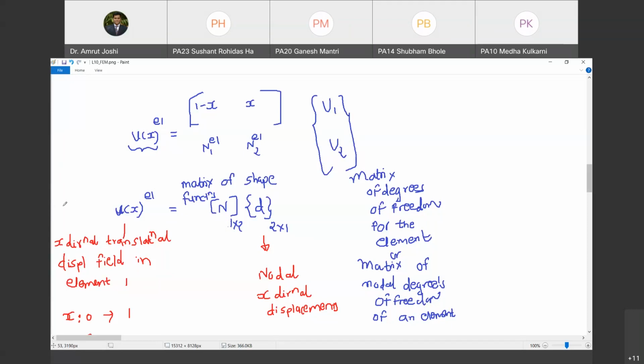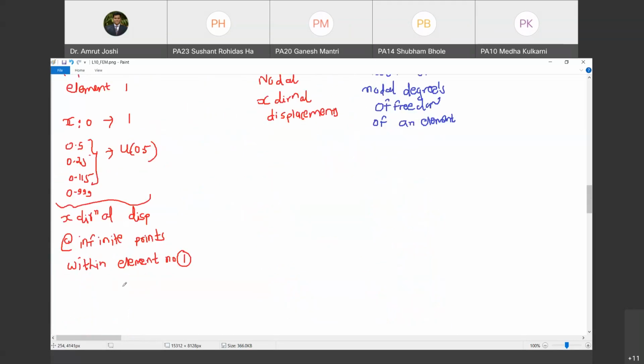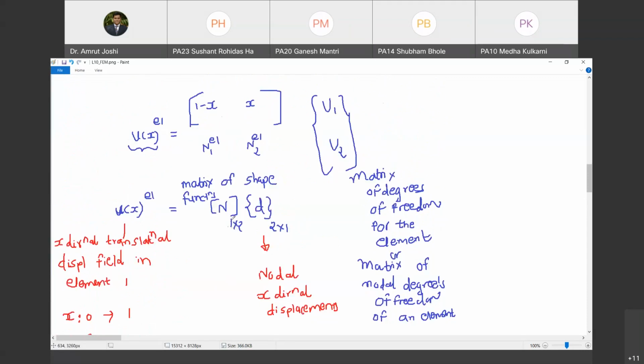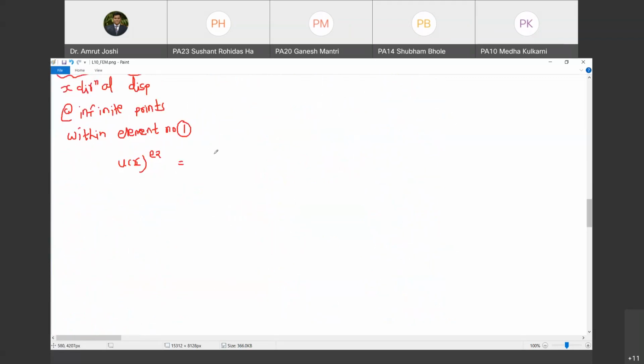Yes. So now let me write down u of x in element number 2. So how do I write u of x in element number 2? I will also have the matrix of shape functions, but now I will have n2 and n3 for element number 2.